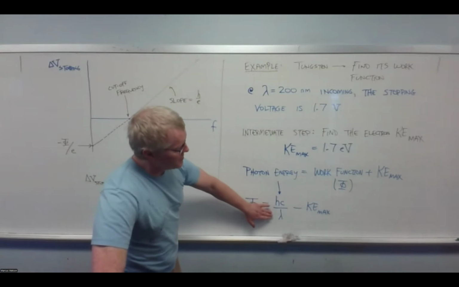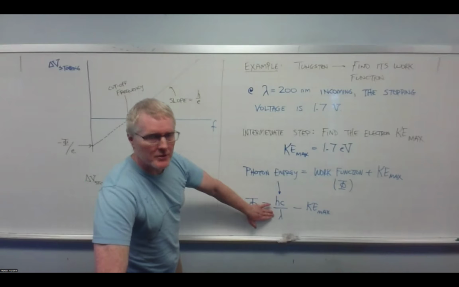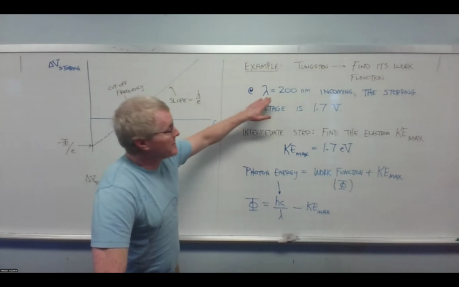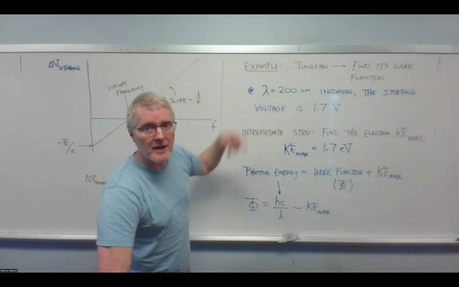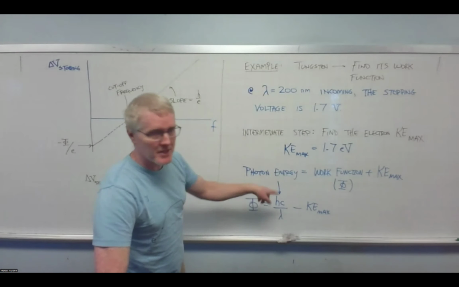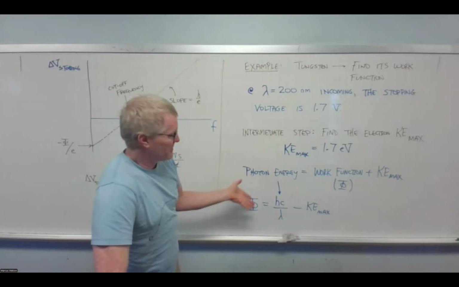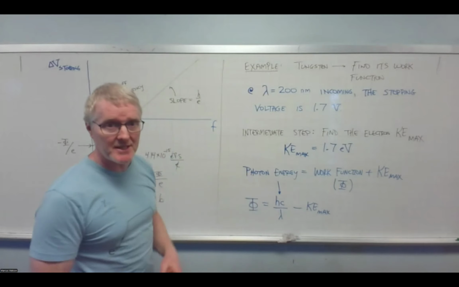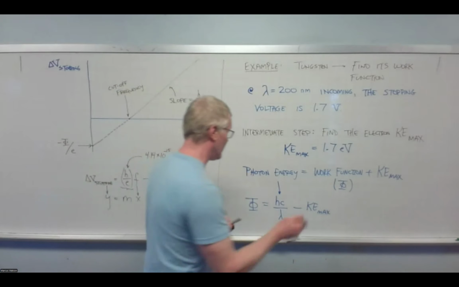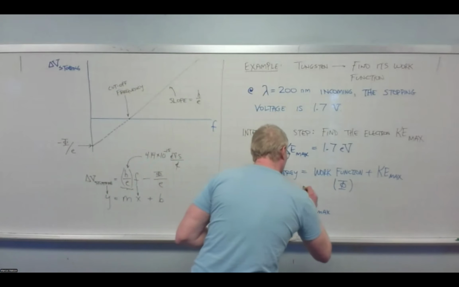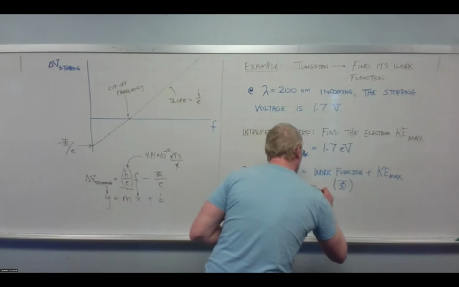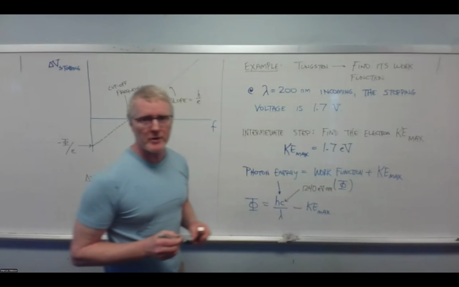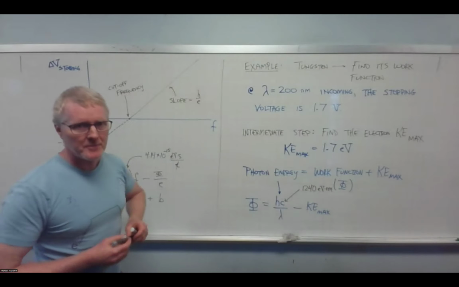I'm going to use hc over lambda for the photon energy because we were given the lambda. Certainly I could convert it into a frequency and then use h times the frequency, but I find it's nicer to just do this step because hc is a number that's really easily remembered, hopefully. It is 1240 electron volt nanometers.